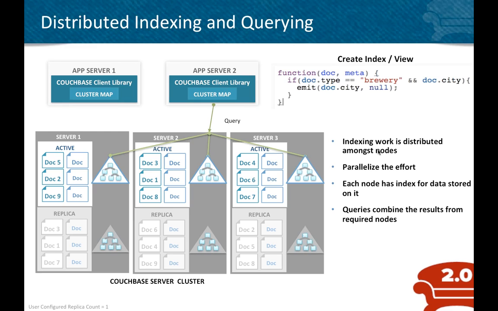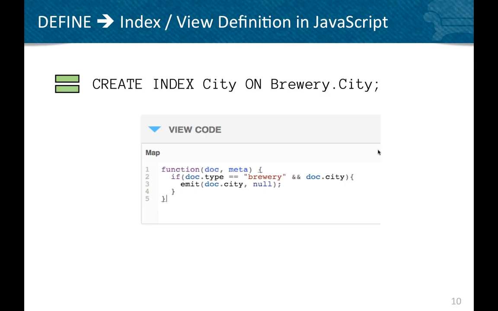So this means that all your queries are hitting all the nodes and having access to all the data, but the app server only really has to interact with a single point in the cluster. So after the query is scattered out to all the nodes, then the results are gathered and sent back to the app server.